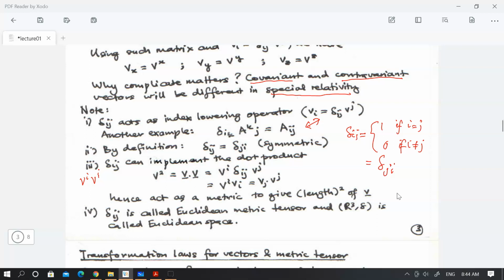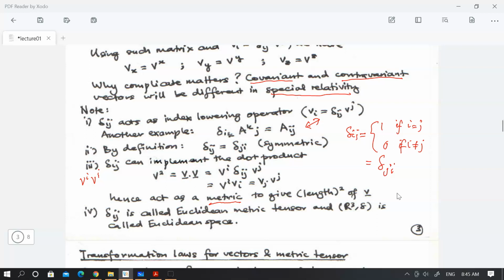And what does that give you? That gives you the length squared of your vector. So something that gives you a description of a length is called a metric. Your delta ij implements what we call a metric.